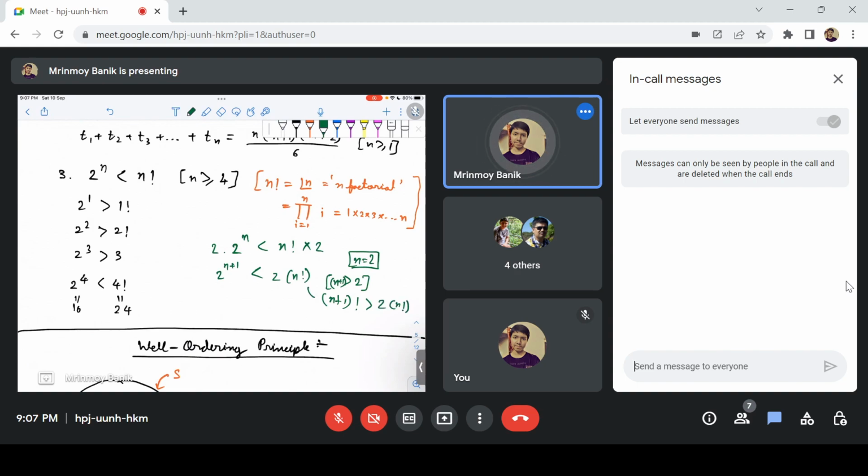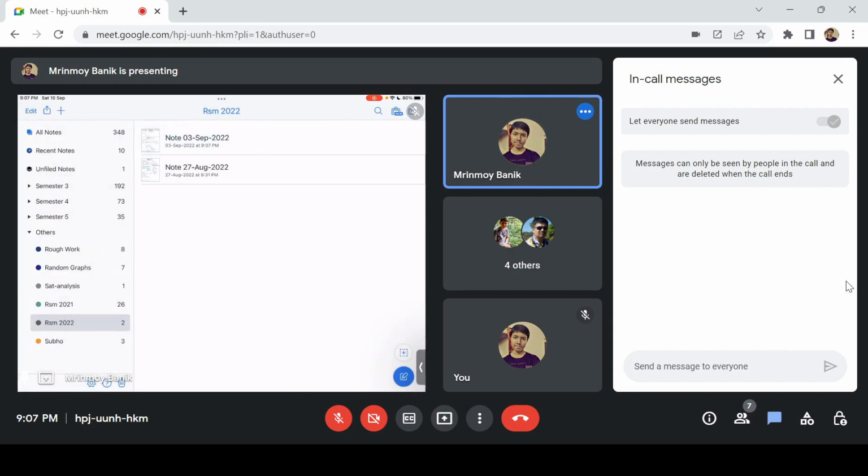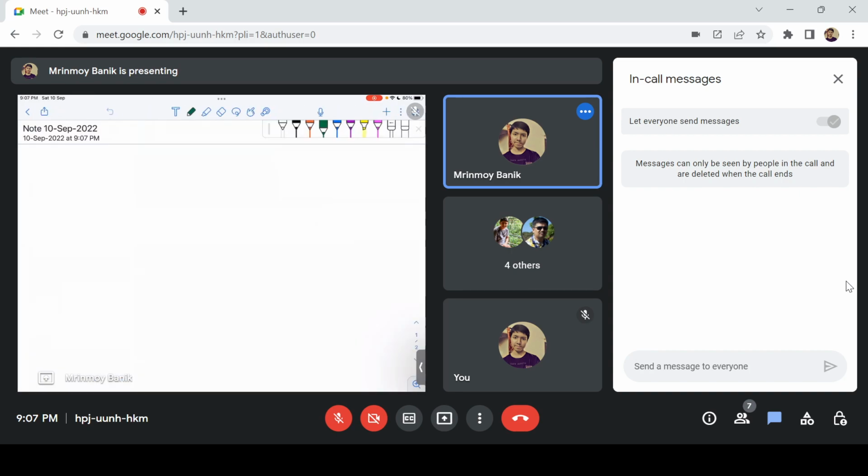So this thing is smaller than n plus 1 factorial. So that shows the inductive step. Okay, so let's continue with a few more examples and exercises before we move on to the next things.